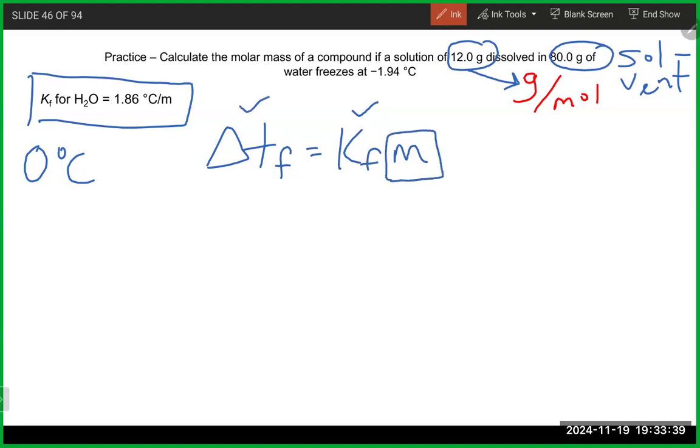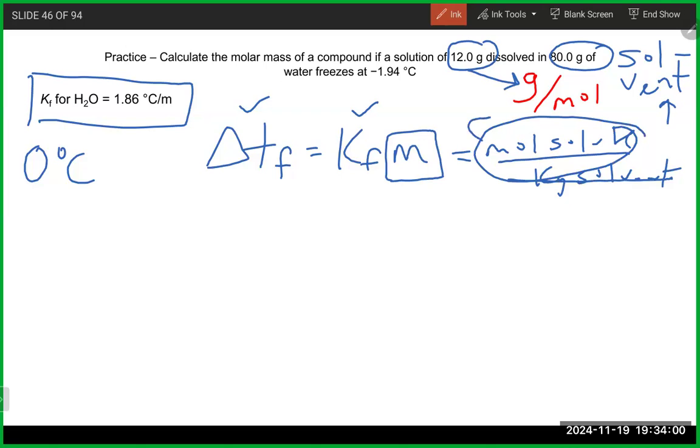That would allow me to figure out my molality, and my molality is moles of solute divided by kilograms of solvent. I know how much solvent I have, which means I could figure out the moles. So I can use the freezing point information to figure out the molality of the solution, and because I know how much solvent I have, I could then use that to get the moles, which is the missing part.